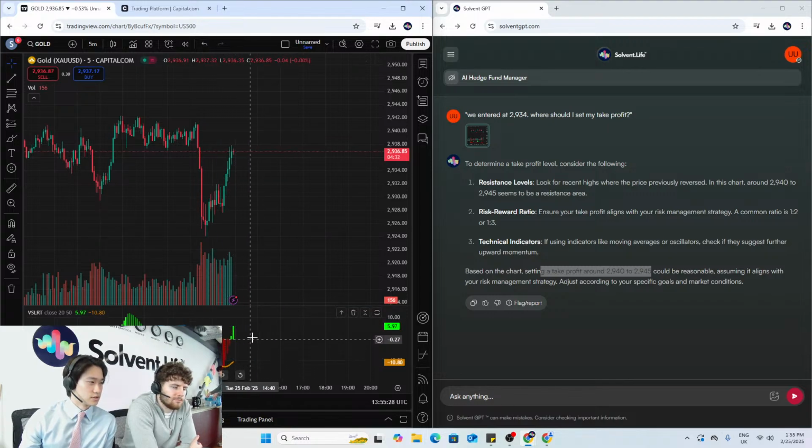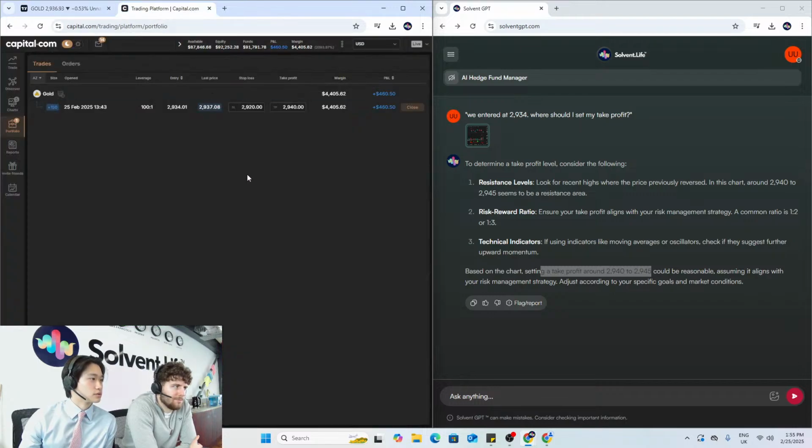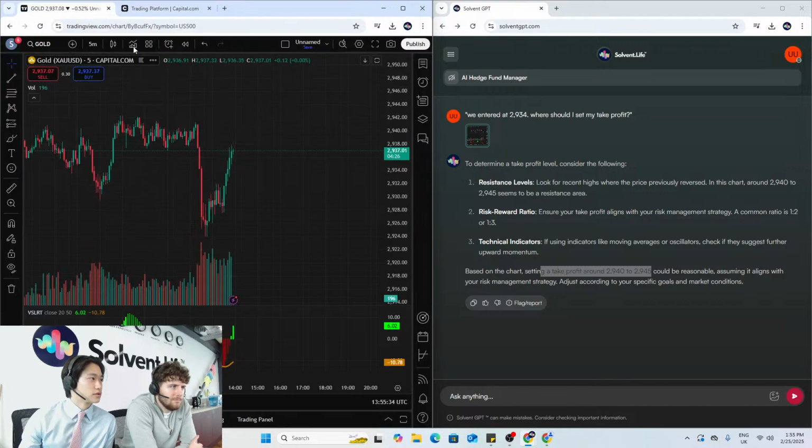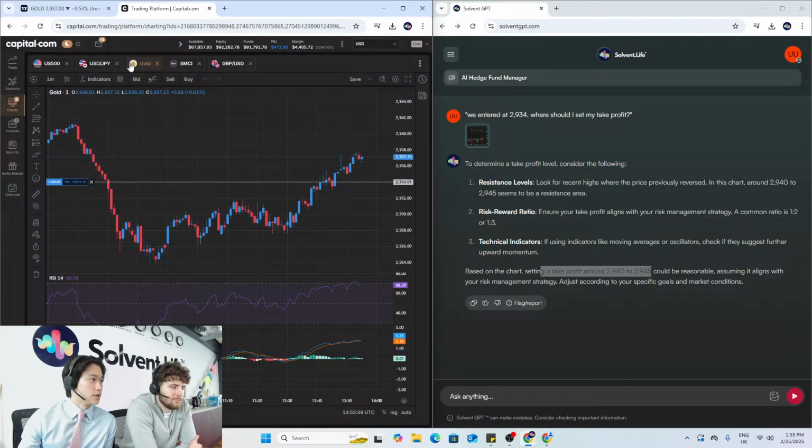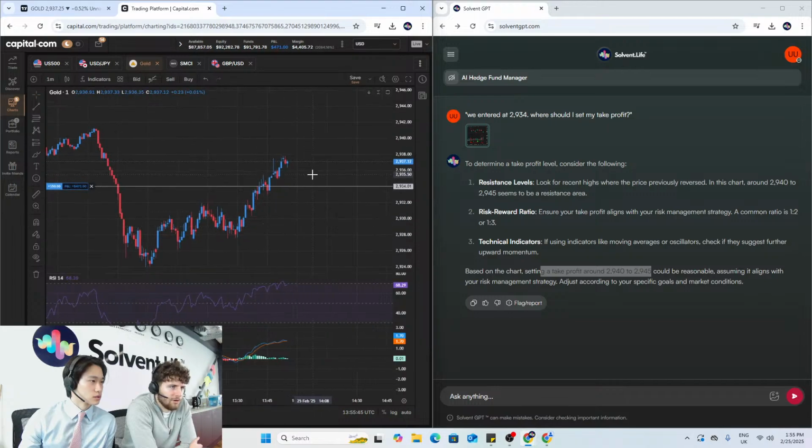BSLRT is changing directions here. That's what we need. Just keep a close eye on it. Maybe we can move our stop loss up as well. Let's move it up to 935.